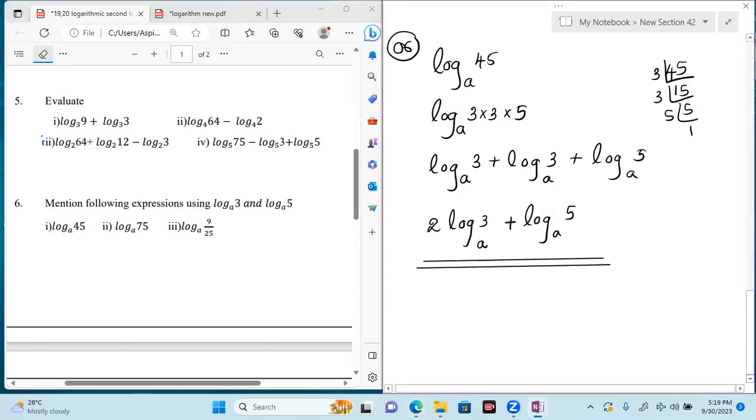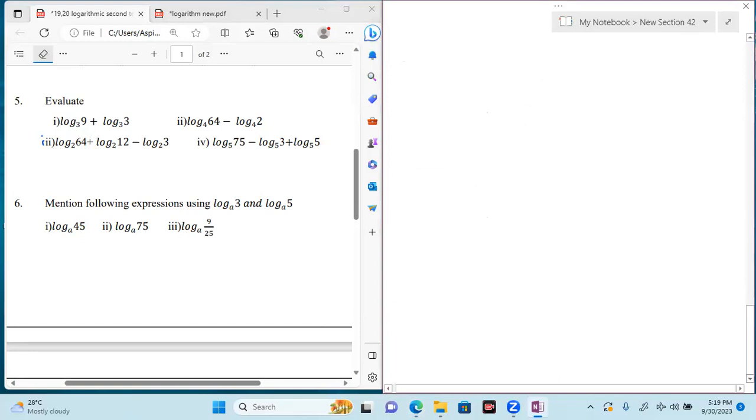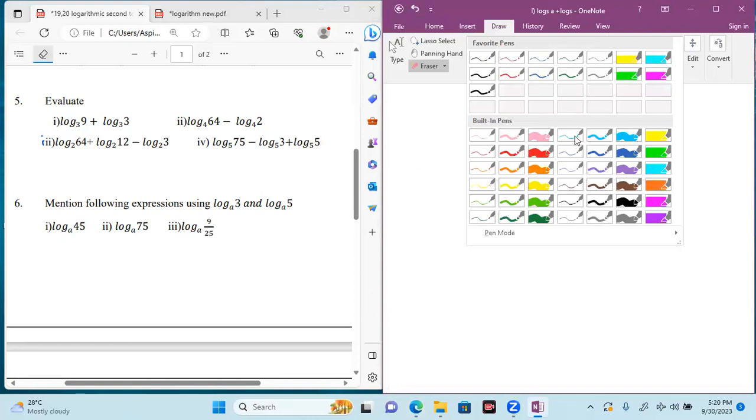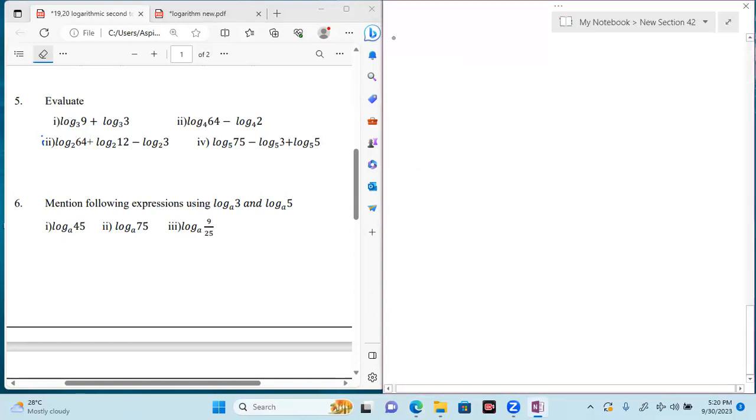Then try to do the second one also like this. Look here, it is logarithm of 75 to the base a. Then what do you do first? We have to divide 75 by 3 and 5 only. Divide by 3. Next divide by 5.